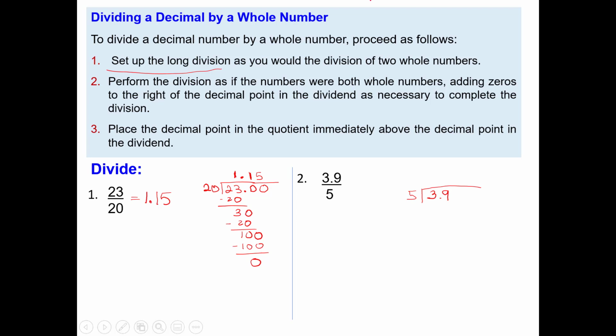But remember, we need to place the decimal point in the quotient immediately above the decimal point in the dividend. How many 5s are in 3? There are none. It's 0. Then we write 0 here. Now we place the decimal point in the quotient immediately above the decimal point in the dividend.